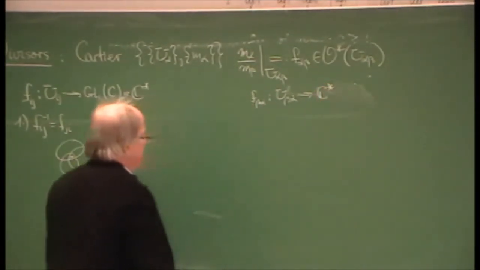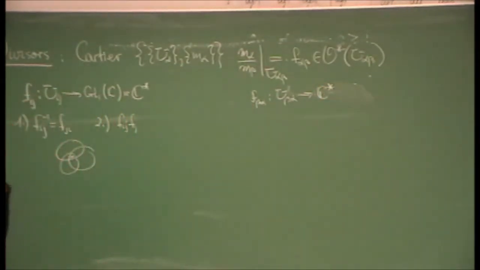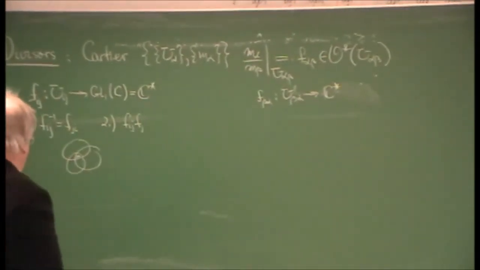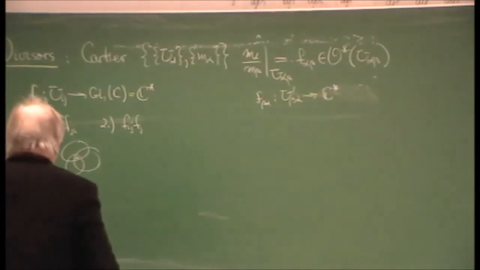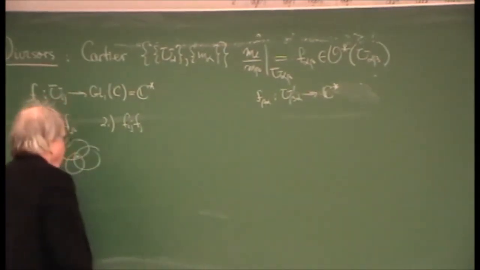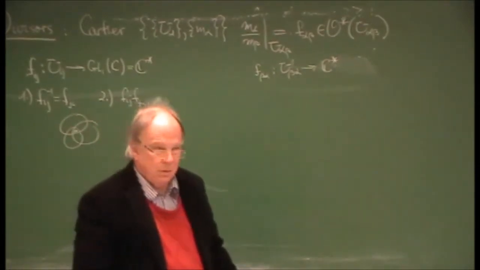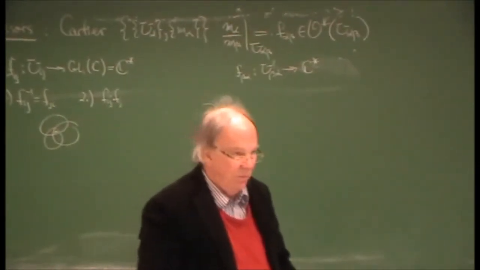What's the confusion? I'm a little bit confused with the confusion. I mean, f_ij minus 1 is not a map from C star to beta alpha. It's just a number. f_ji is a 1 by 1 matrix. Yeah, it's a number. It's a 1 by 1 matrix.